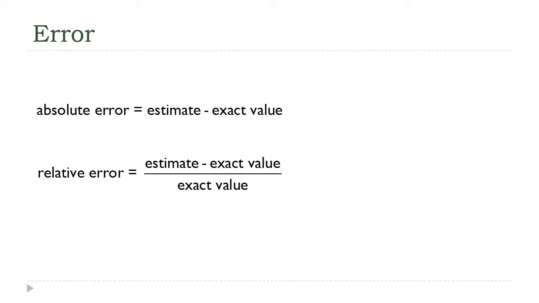The absolute error is just the difference between the estimate and the exact value. The relative error takes the absolute error and divides it by the exact value, which is going to turn it into a percentage. So let's try this out with our notebook example.